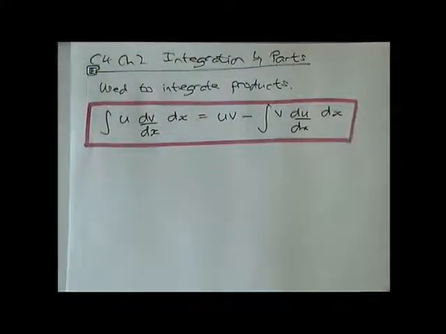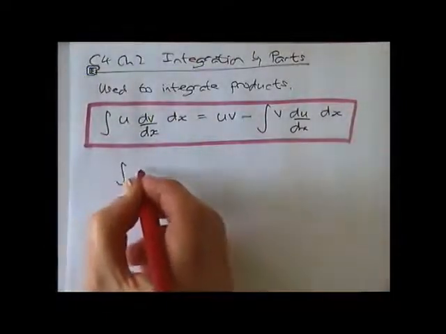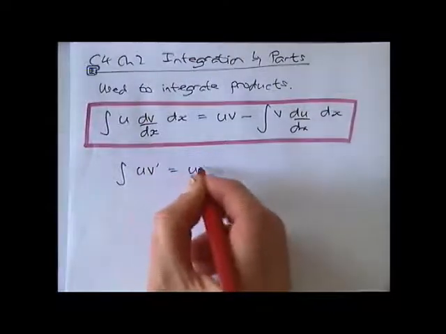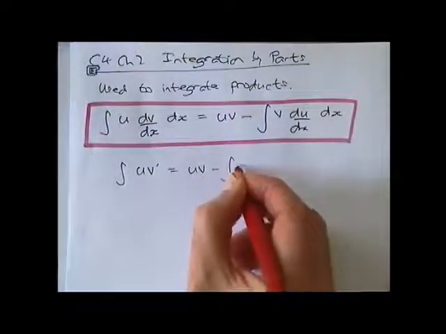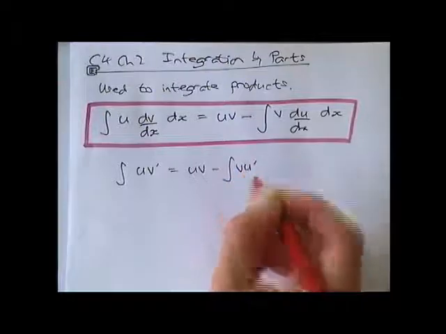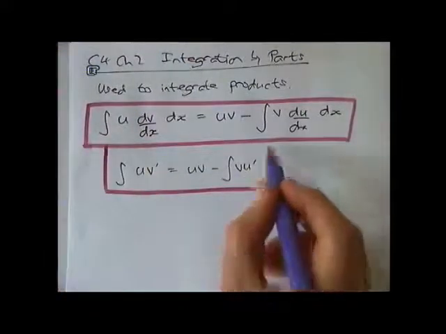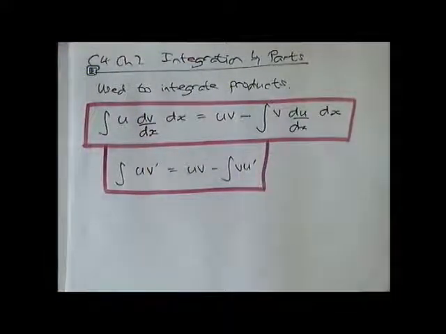There is another way of writing it down as well, which is this. Okay? Can anybody explain why those are the same and why that's a sort of shorthand version and what's going on there?